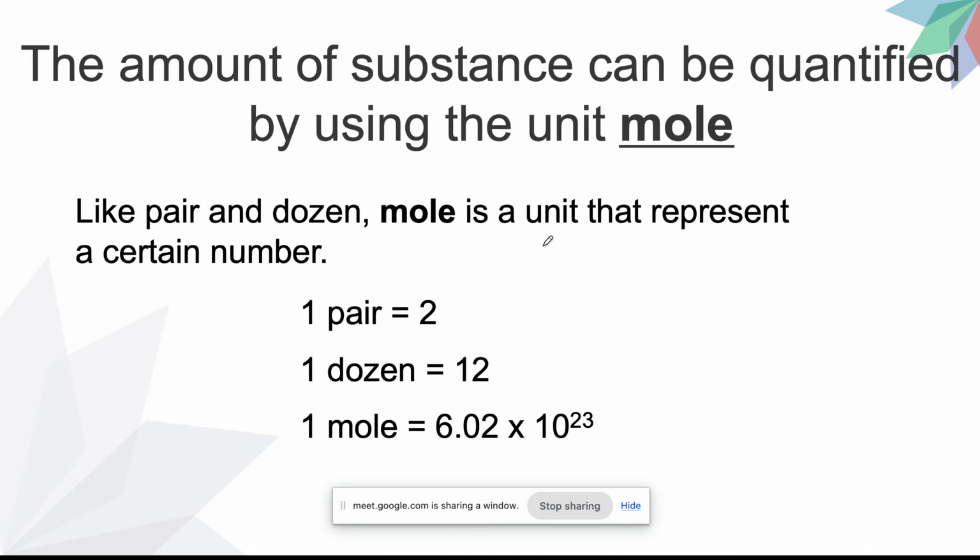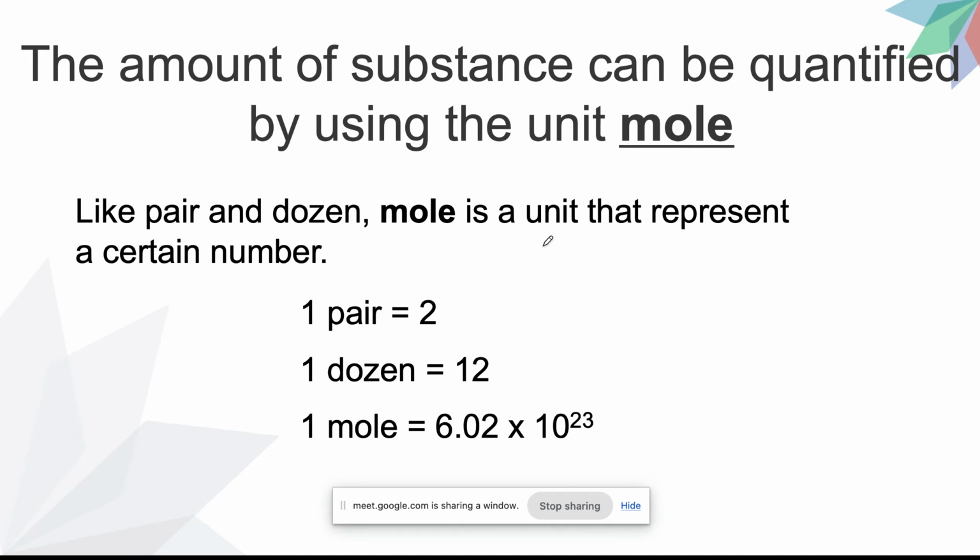There are 6.02 times 10 to the power of 23 particles in every single mole. That's what it means. When you take 1 mole, there are 6.02 times 10 to the power of 23 particles in that single mole. So this number is the defining characteristic of a mole, and it is called the Avogadro's constant.